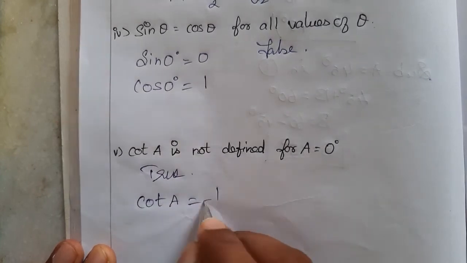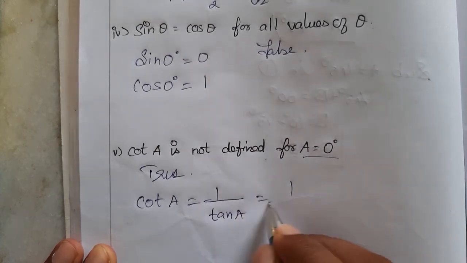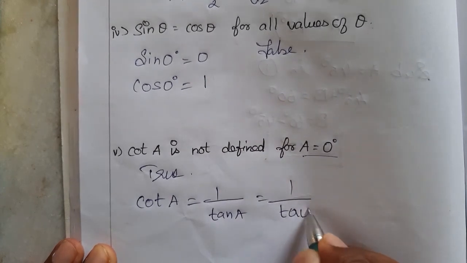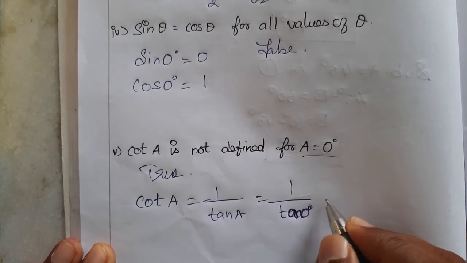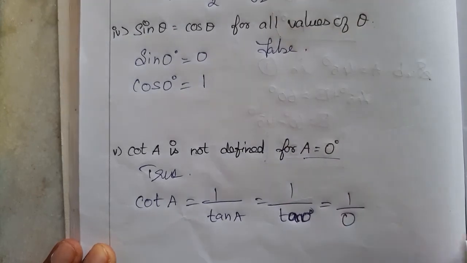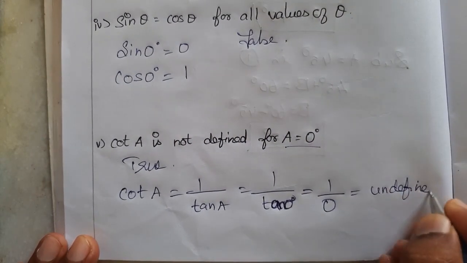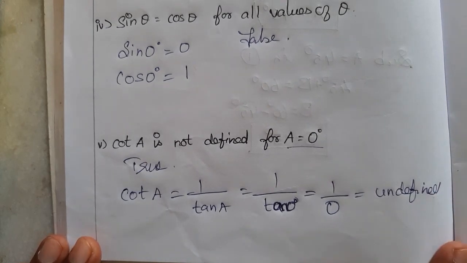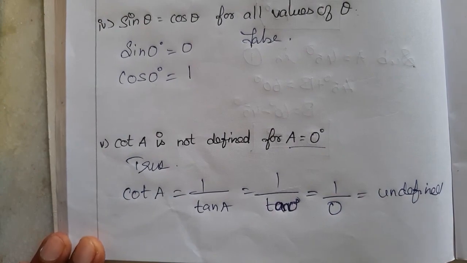Cot A we can write as 1 by tan A, where A is given as 0, so it is 1 by tan 0 degree. Tan 0 degree is 0, right? So 1 by 0 is undefined. We cannot divide anything by 0. So it is undefined. So it's not defined. Thank you.